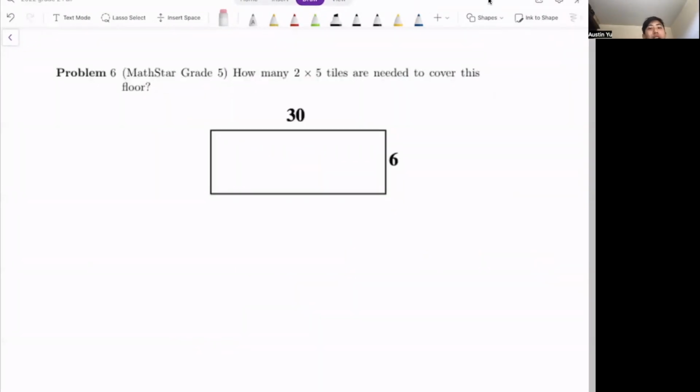Problem 6. How many 2x5 tiles are needed to cover this floor? All right, so we are given a 30 by 6 rectangle, and we need to see how many 2x5 rectangles we can fit inside.